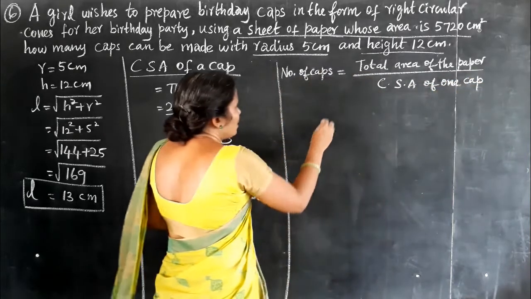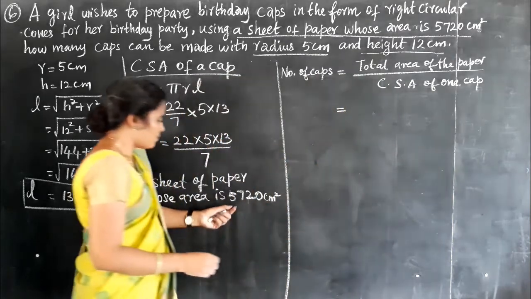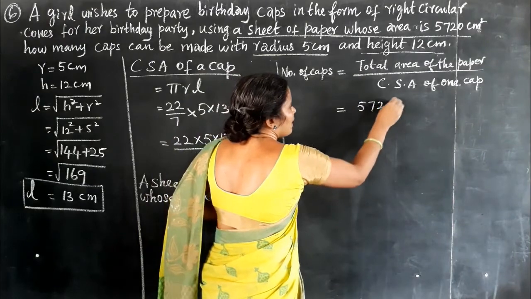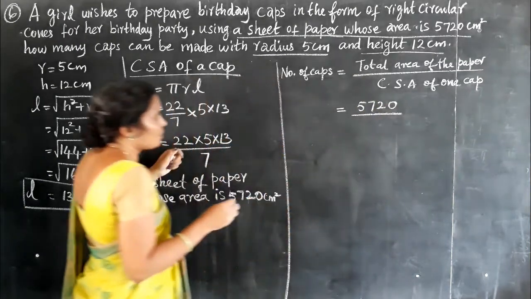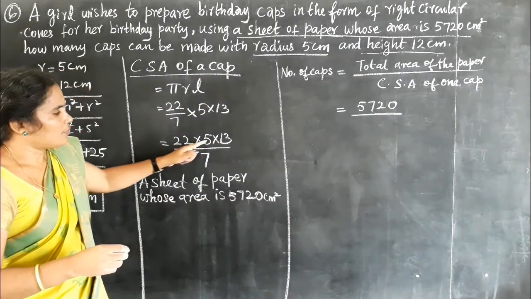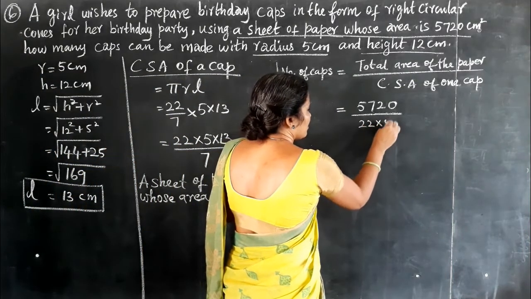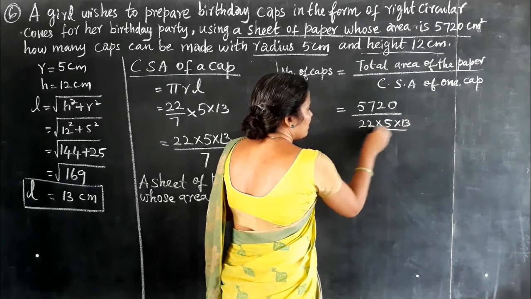Now total area of the paper is 5720 divided by CSA of one cap, 22 into 5 into 13 divided by 7.